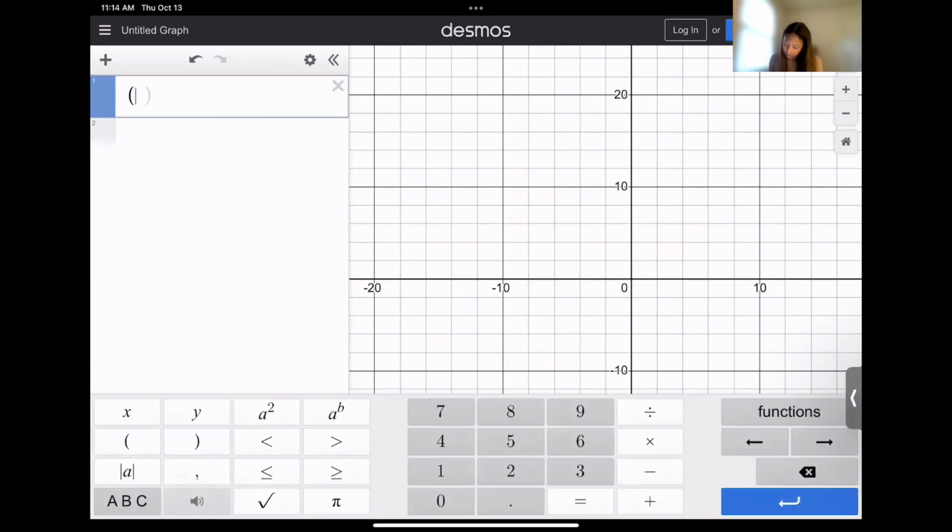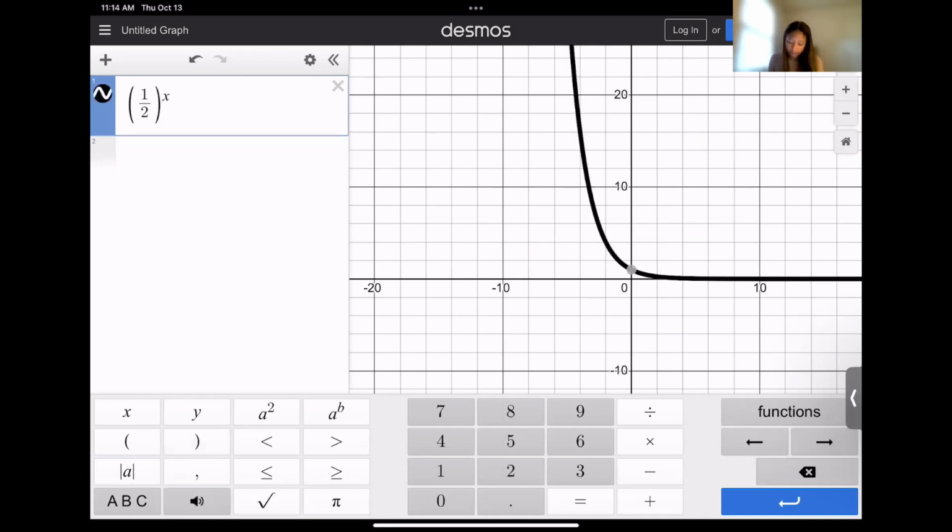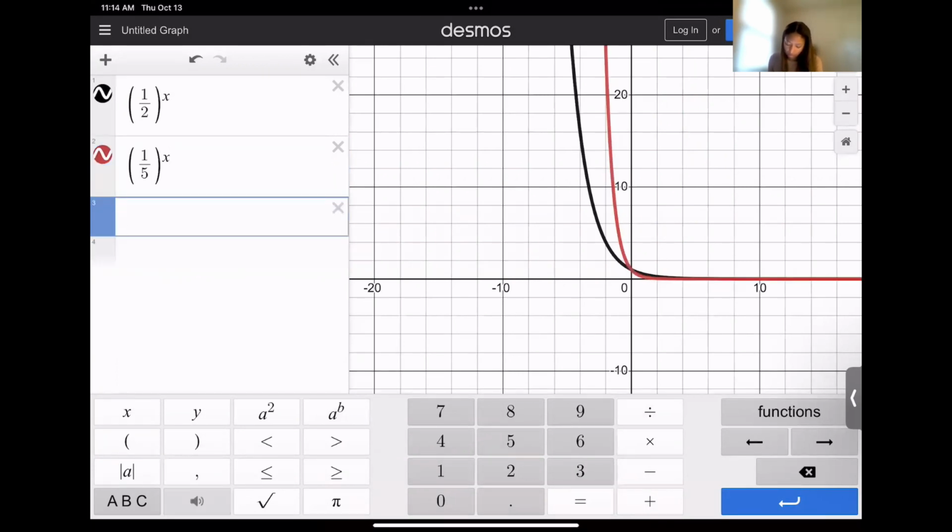So parentheses, 1/2 to the x power. And then we want 1/5 to the x power. And I'll just do one more, 1/10 to the x power.